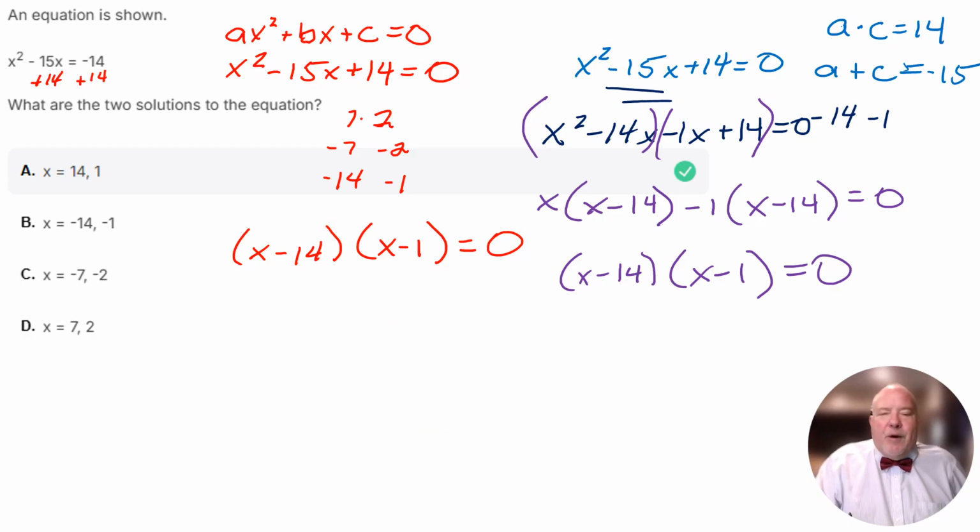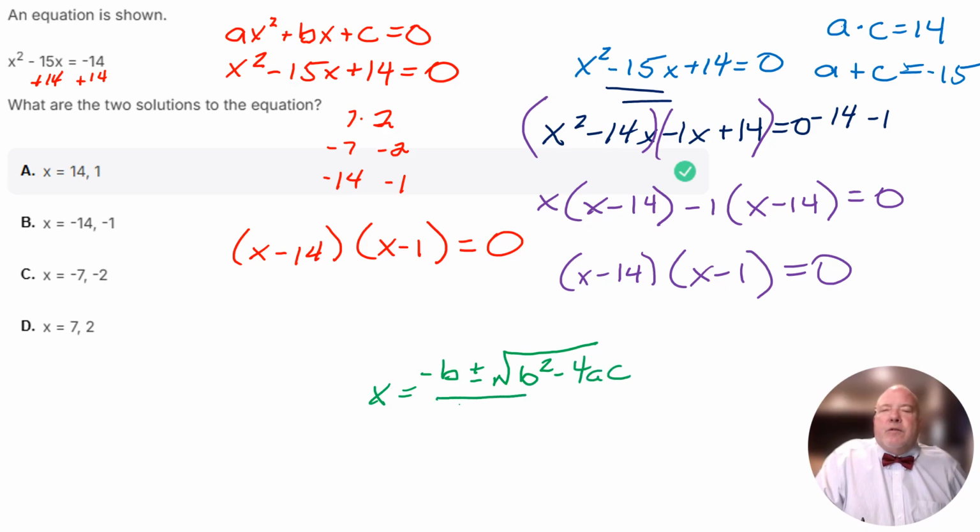Now, one last thing I'll point out is that you can always come up with the solutions to a quadratic equation using x equals negative b plus or minus the square root of b squared minus 4ac, over 2a, which is the quadratic formula.